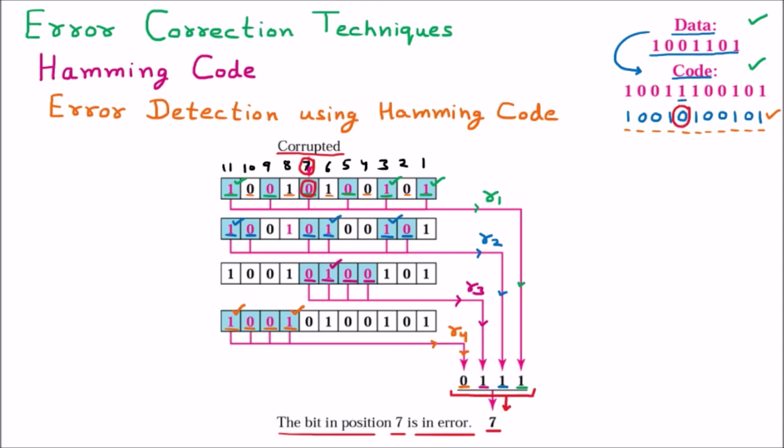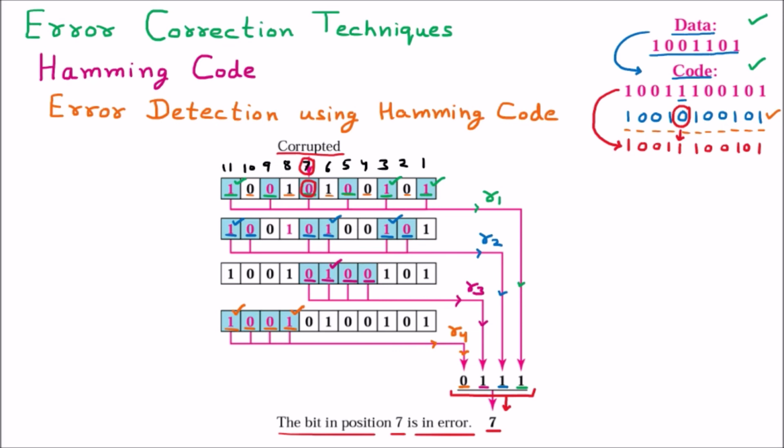Now this 0 is corrected, and the Hamming code is going to correct it to 1, and the others will be the same: 1001, and this will be the same 100101. So this way we have received the same code which was sent. So this is the same code, now we have corrected it.